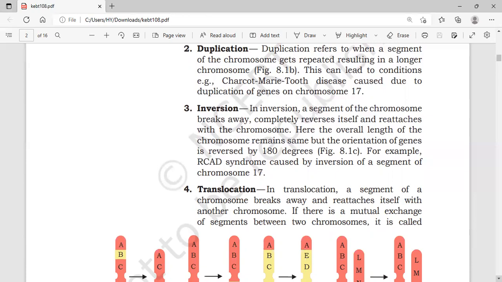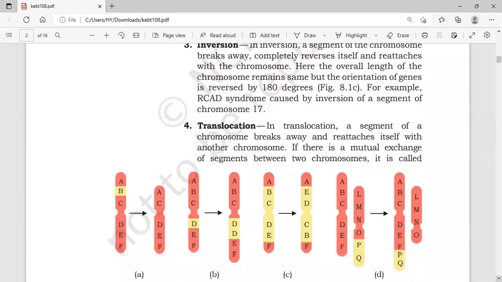For example, RCAD syndrome is caused by the inversion of a segment of chromosome 17.